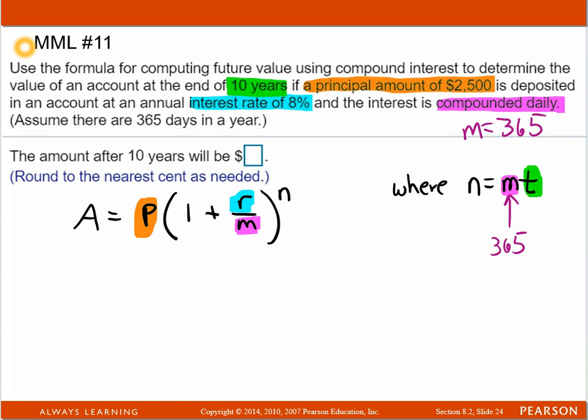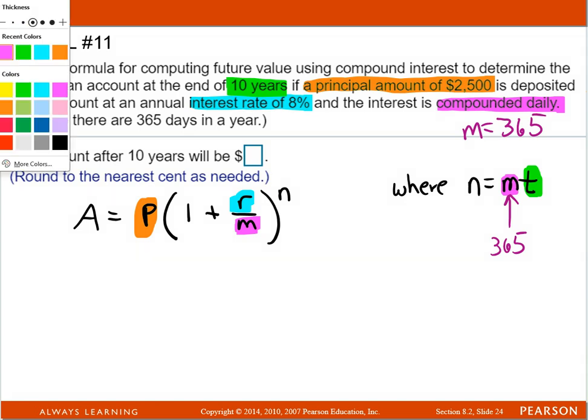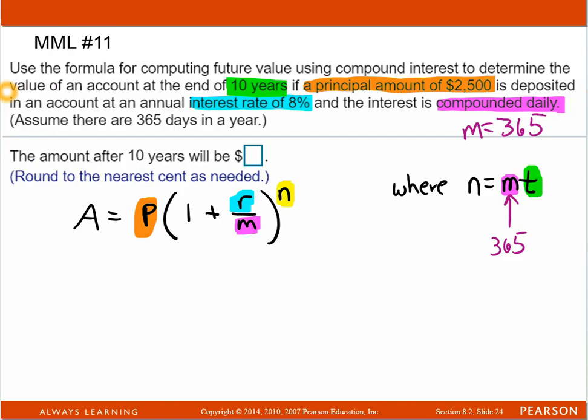That's my t, right? There's my m. So n, which color I haven't used yet, yellow. n will equal 365 times 10. t is 10 years. So n is equal to 3,650.